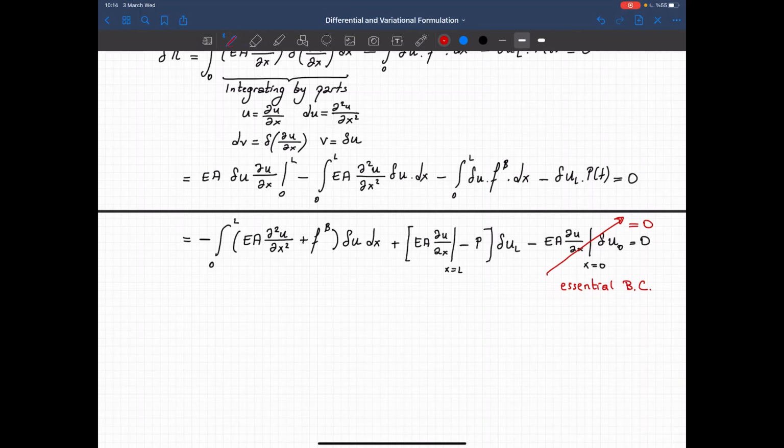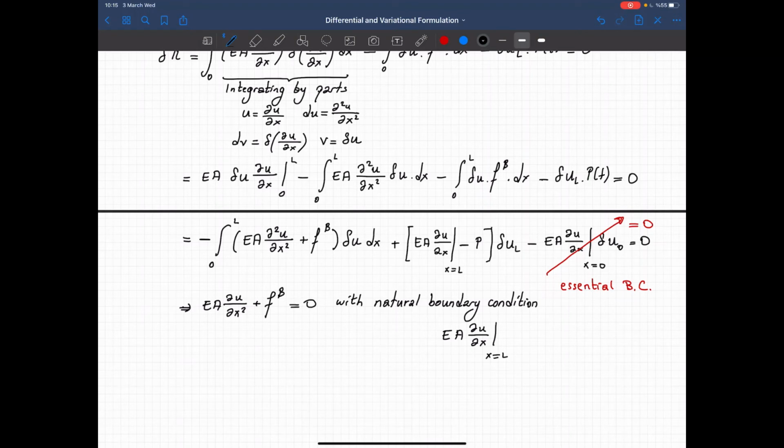And our problem, let me erase that, becomes as follows: EA ∂²u/∂x² plus the body force must be equal to 0, with the natural boundary condition EA ∂u/∂x at x equal to L must be equal to P at time t.